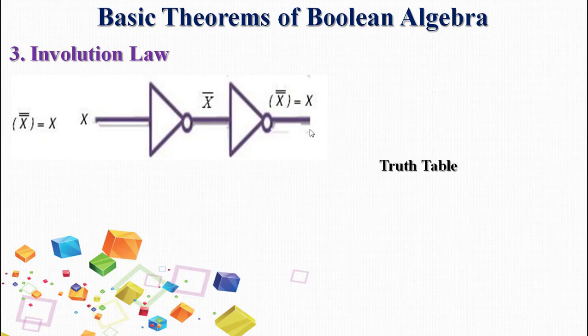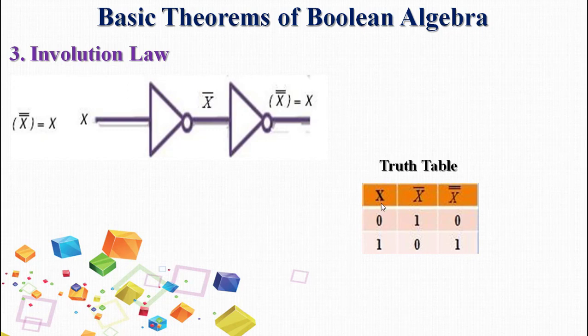Let us prove this involution law by the help of a truth table. So we have x as the only input. So the input will be 0 and 1. The complemented value of the input is 1 and 0. That is, 0 will be inverted and become 1, and 1 will be inverted and become 0, as you have already learnt in the truth table.